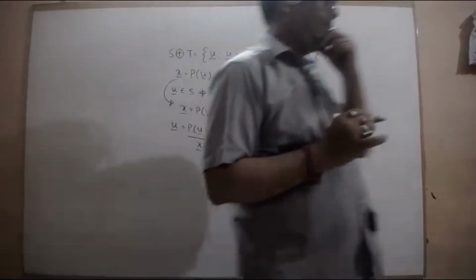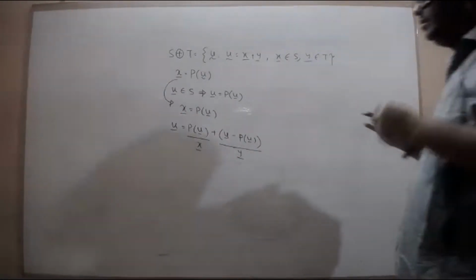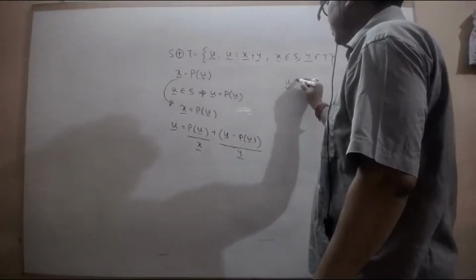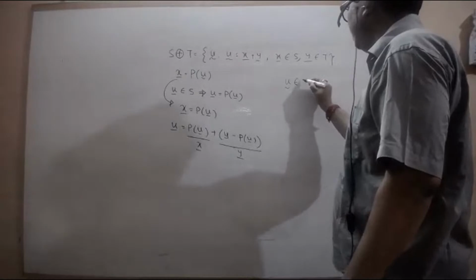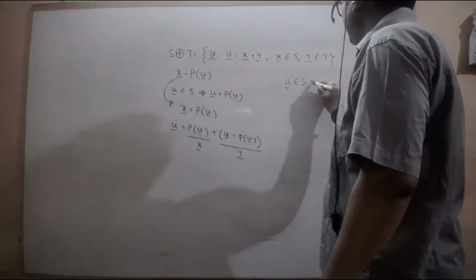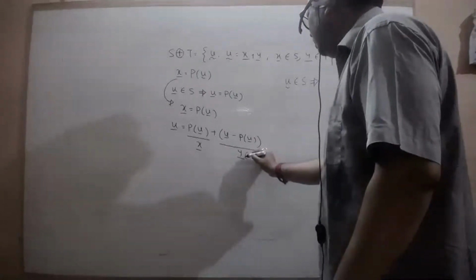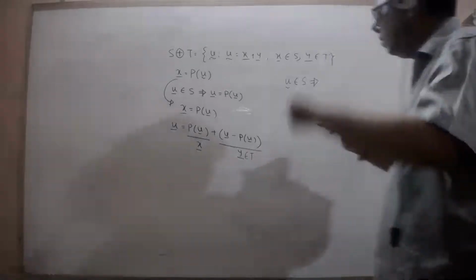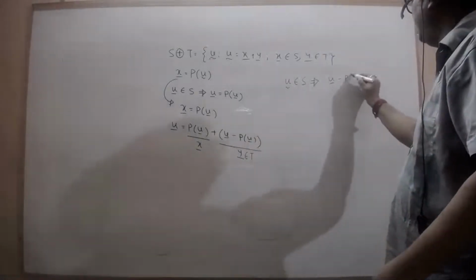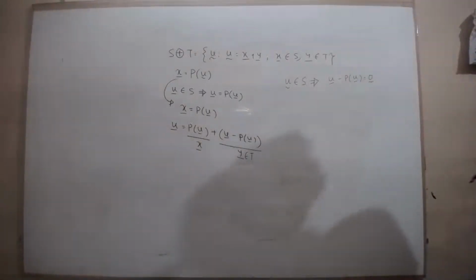Okay. So since u belongs to S, and this belongs to T, this is only possible when u minus Pu equals 0.